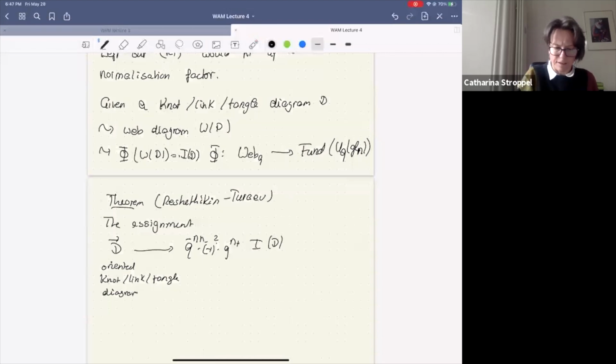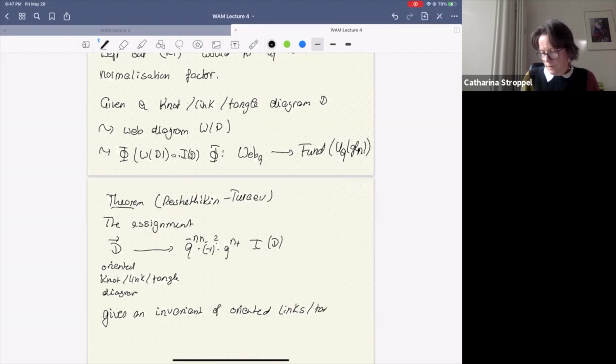This gives an invariant of oriented links or tangles, with the normalization such that the unknot, oriented in either way, is sent to quantum n.